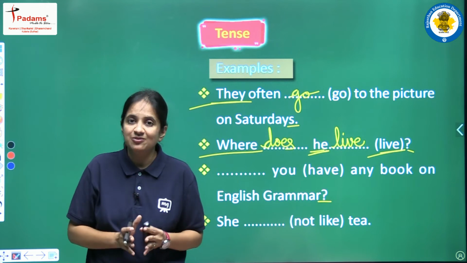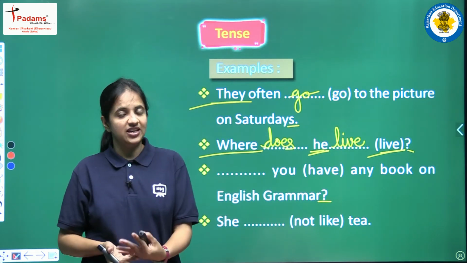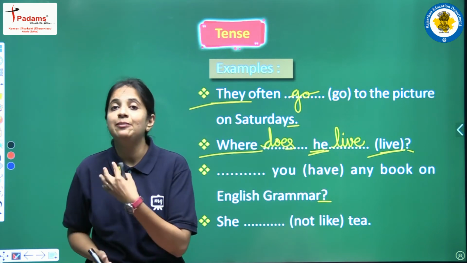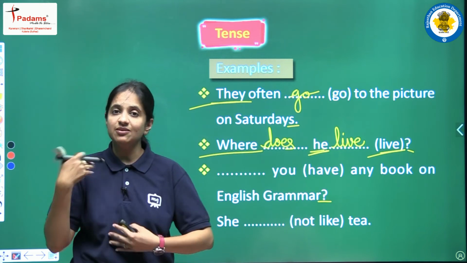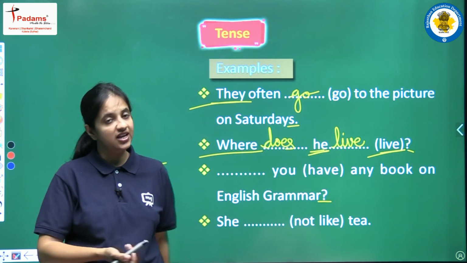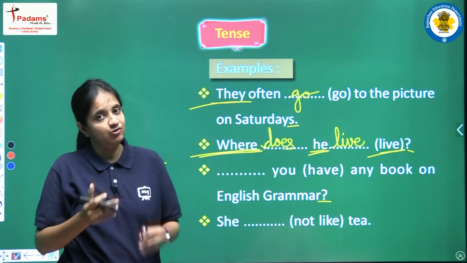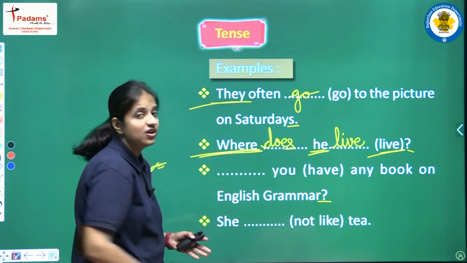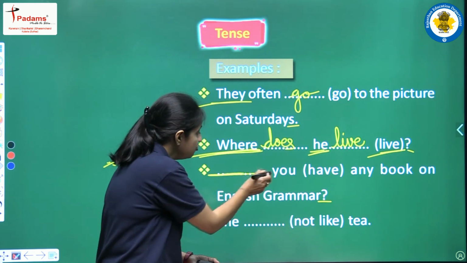I am very sure this is clear to you. WH words are question words, and at the same time helping verbs are also known as question words because questions are formed with them too. Here we had where, that is a WH word, or the question word, but in this sentence we do not have a WH word. It means in this sentence we have only one blank.